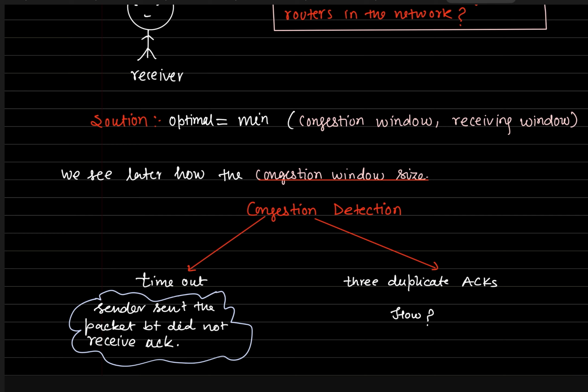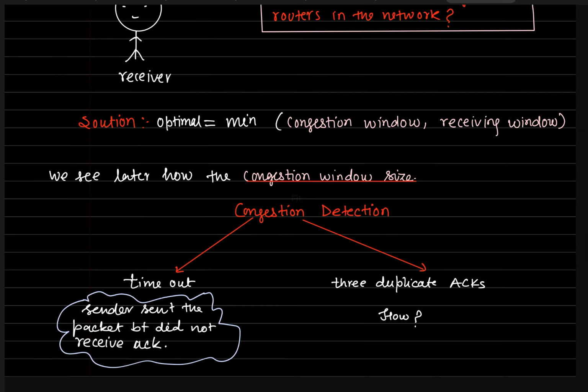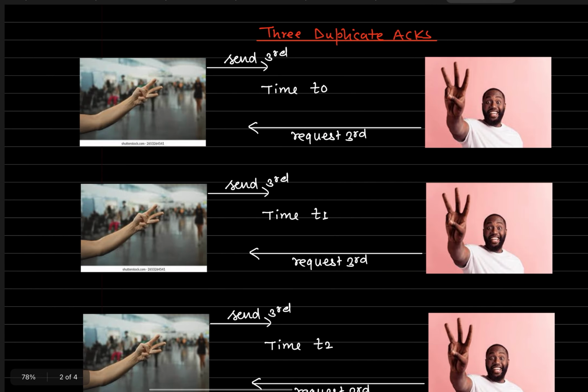Another strategy is what we call three duplicate ACKs. How does it happen? Let's see. This is a very funny example. There are two persons; from the left side he is pointing out three fingers, and on the right side also you can see three fingers.